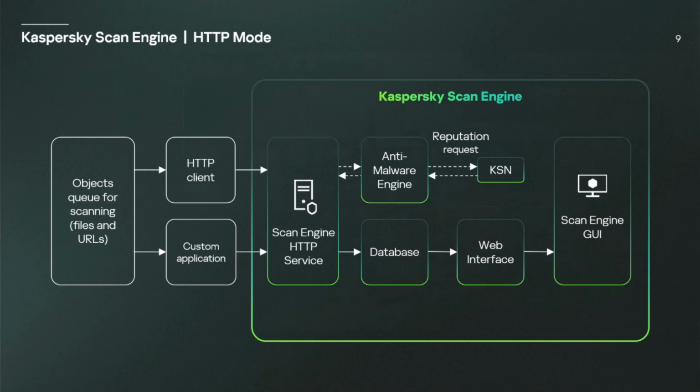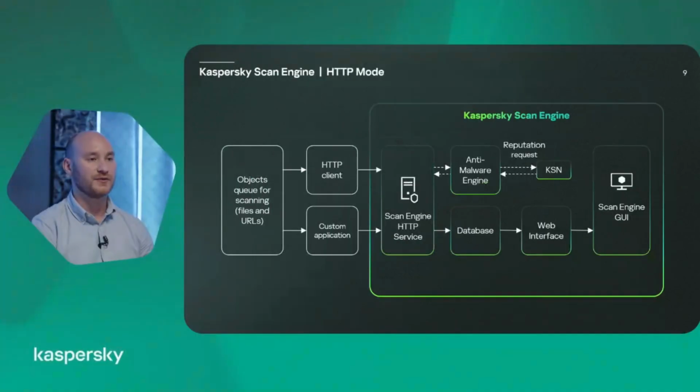It can be either the HTTP client delivered within the standard Scan Engine package, or it can be a custom client application. The second component is the Scan Engine HTTP service. It receives the requests from the client part, processes them, and answers back with verdicts from the engine.